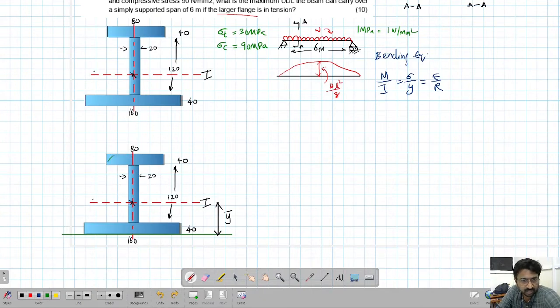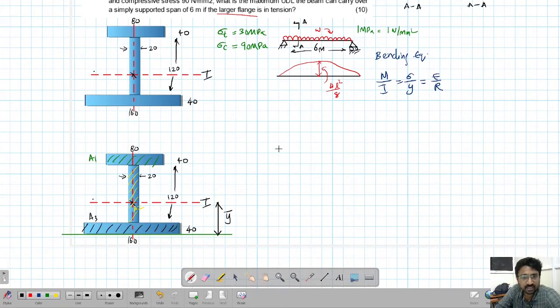So let's say this is area 1. Let's say this is area 2. And we have one more area, area 3.